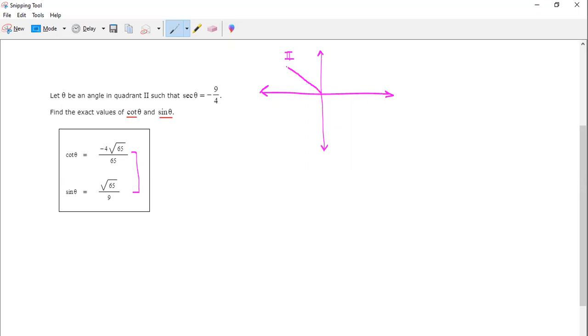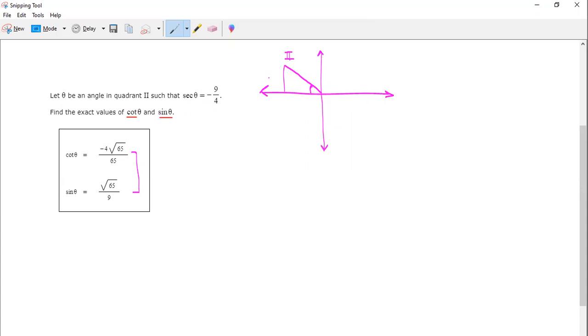You can think of it something like this, and the angle which we would have as a result of the terminal side being in quadrant 2 would be like this. Now, the secant of this particular triangle is equal to -9/4.